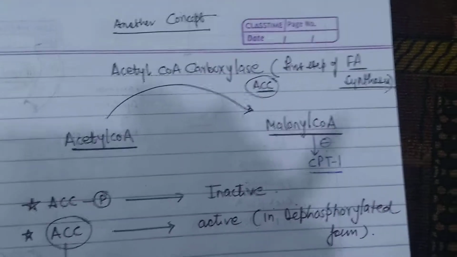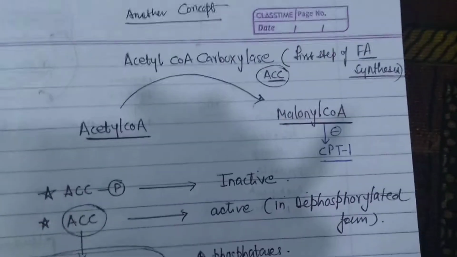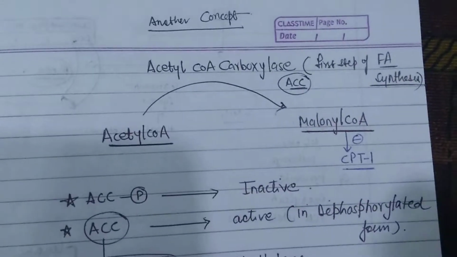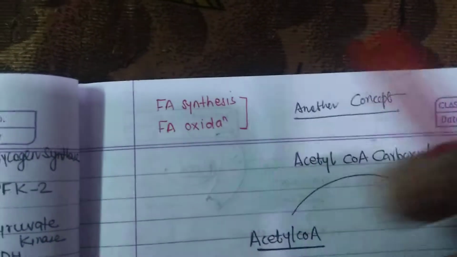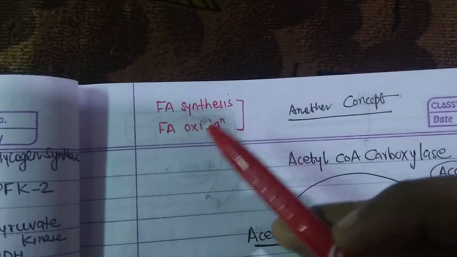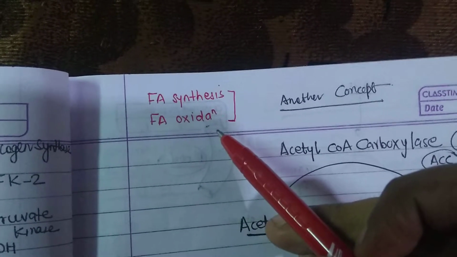Now another concept that is important in understanding the fast feed cycle, after the glycolysis gluconeogenesis concept, is that you need to understand the two main mechanisms. See, there are two processes: fatty acid synthesis and fatty acid oxidation.